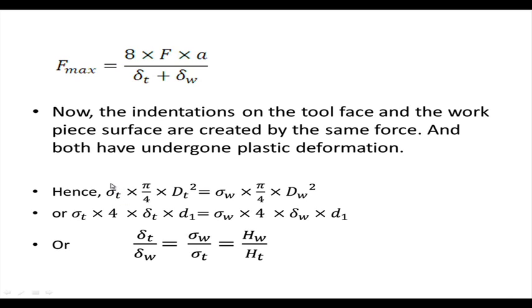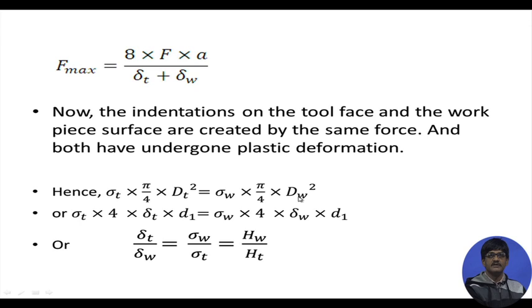This is the expression of the force. Since this force is equal to the force on the workpiece side, it must equal the flow stress of the workpiece, because the workpiece is also undergoing plastic deformation, multiplied by the projected area, this time Dw square.